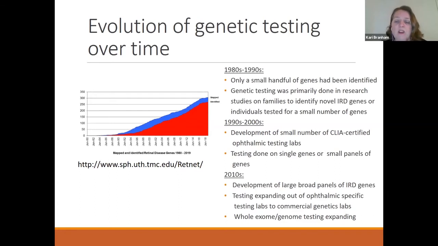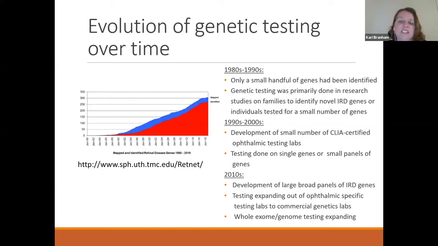Throughout the 1990s to 2000, there was a development of a small number of clinically certified, they call them CLIA, testing labs throughout the country. We had one at Kellogg, there was one at Iowa, the Kari lab, and a couple of other labs similar to that across the country that expanded the testing that was available.